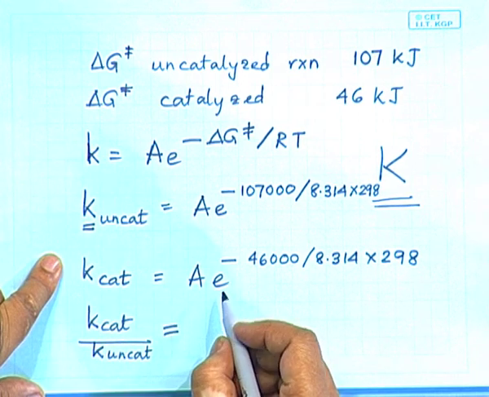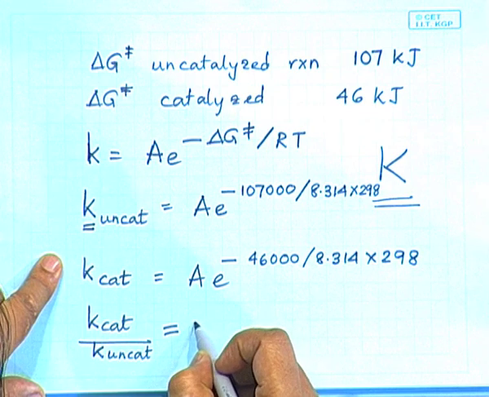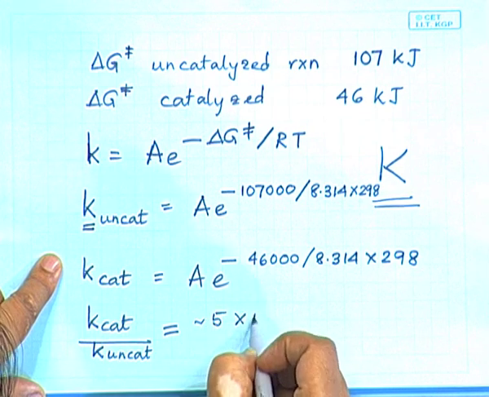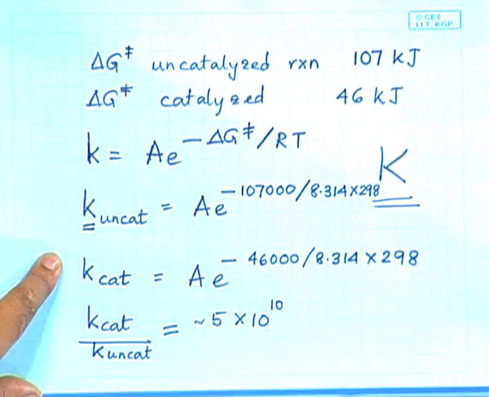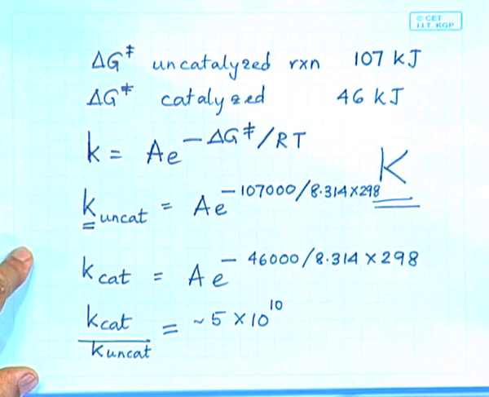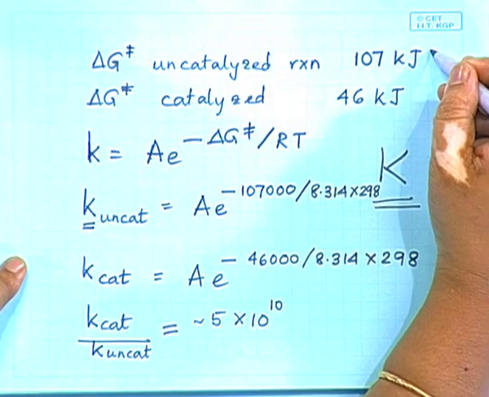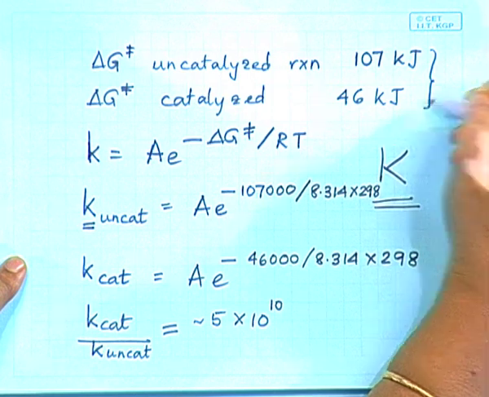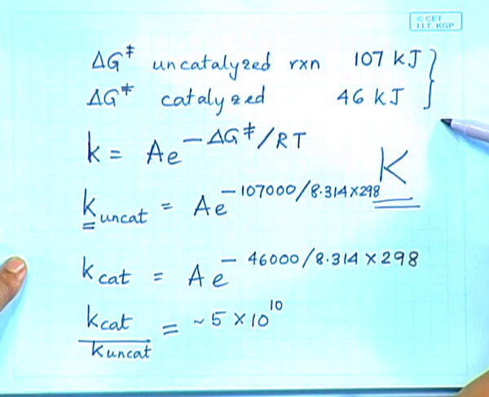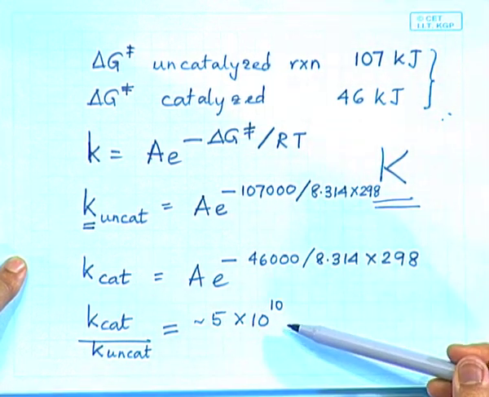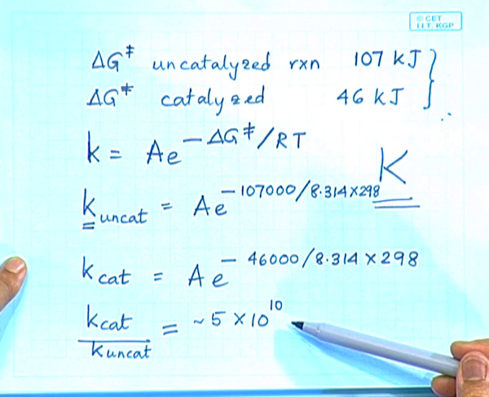It turns out that this is approximately 5 into 10 to the 10. So, what am I saying? I am saying that when I reduce this energy of activation, I have increased the rate 10 to the 10-fold basically.